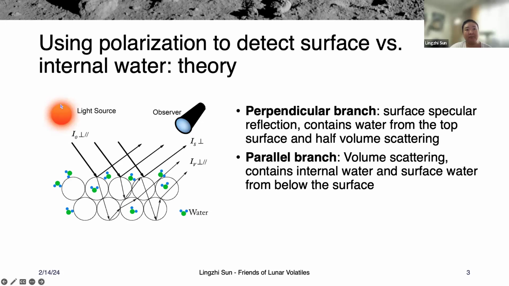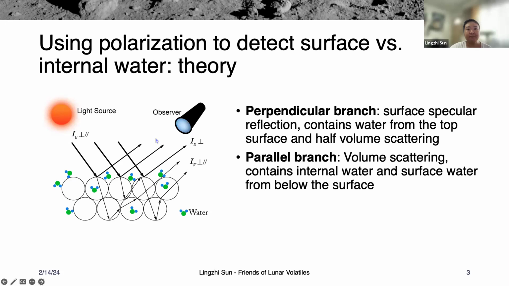If a beam of unpolarized light shines on a planetary surface that's full of grains, most of the light will be reflected off the surface. And these are the perpendicularly polarized light.